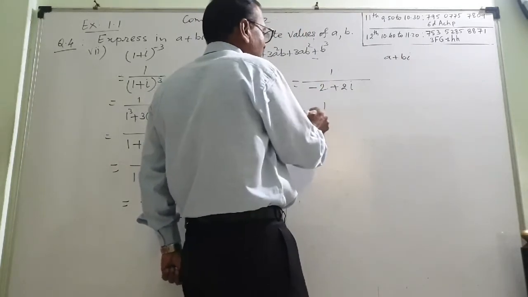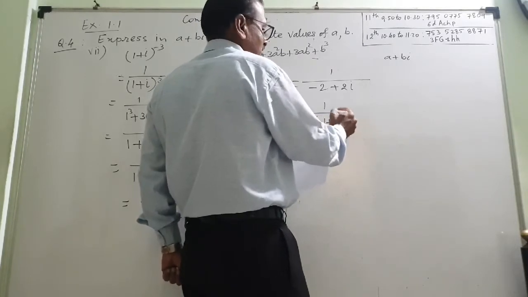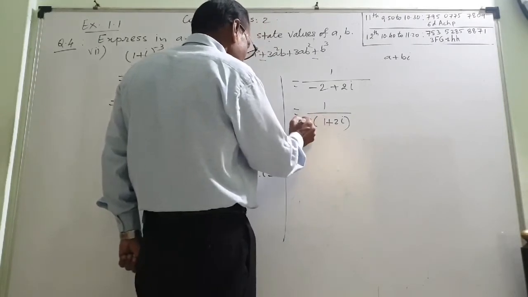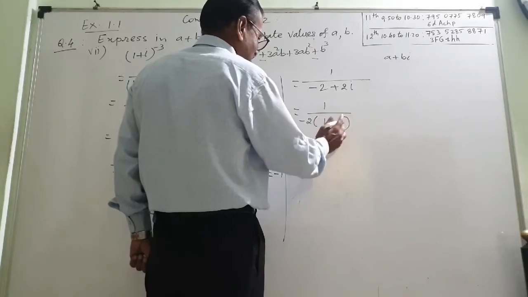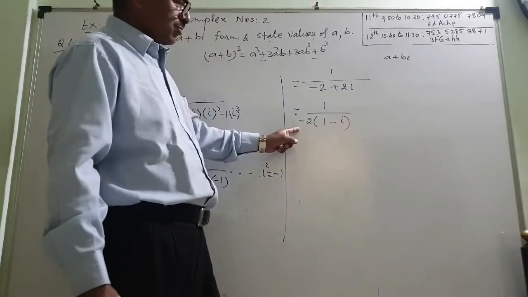I will write like this: 1 upon 2 into bracket minus 1 plus 2i. Or I will take this minus also common. So this will become plus and this will become minus. While taking common, I have made a mistake. I have taken minus 2 common.